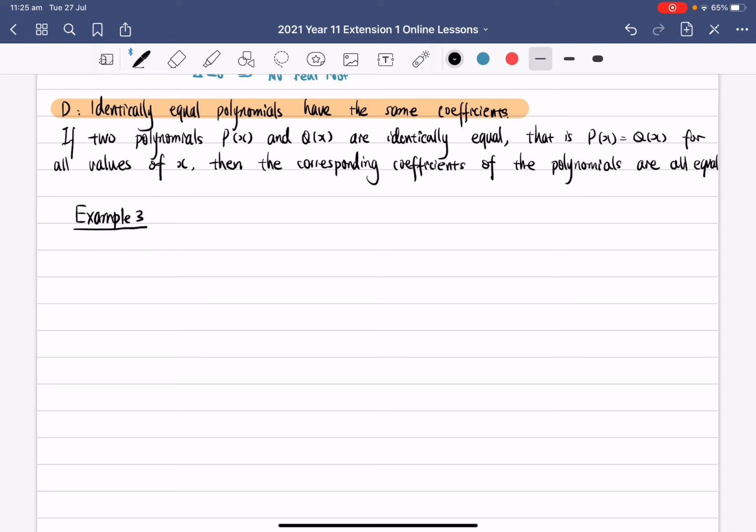Example 3. That's also from the textbook. It's question 5, and I'll just do question 5b.